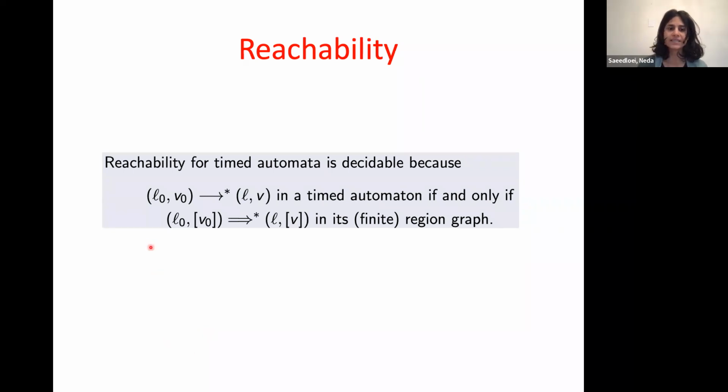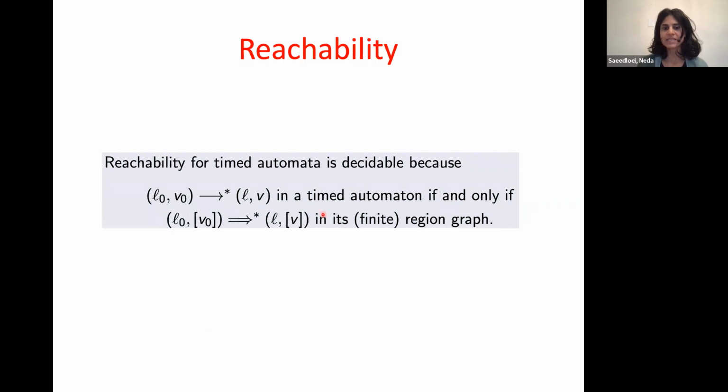So what is the meaning of reachability? Beginning from some initial state, we would like to know if some particular state is reachable in the timed automaton.